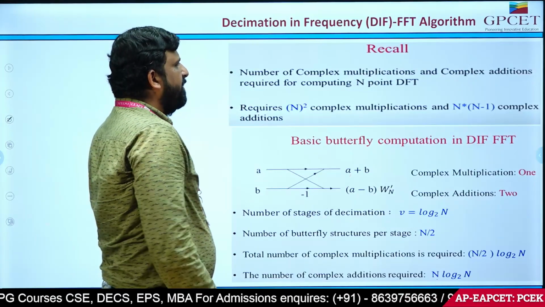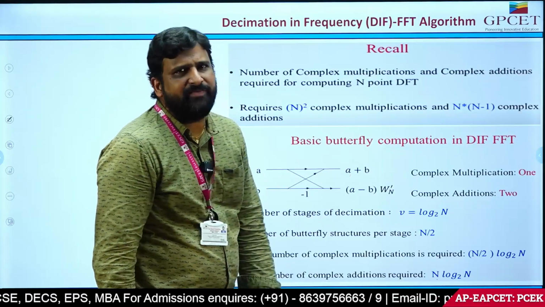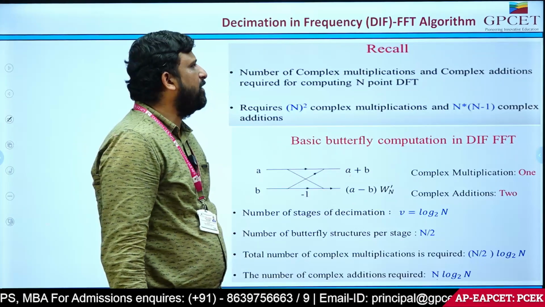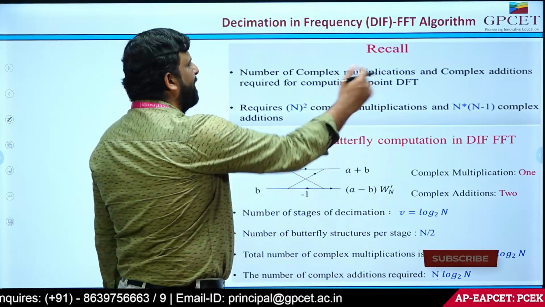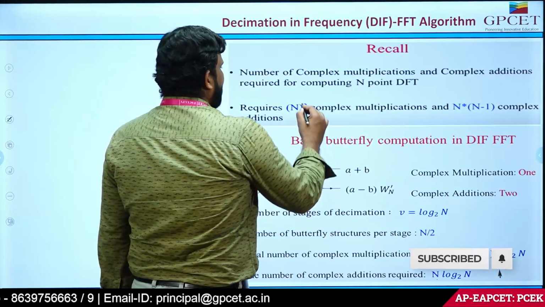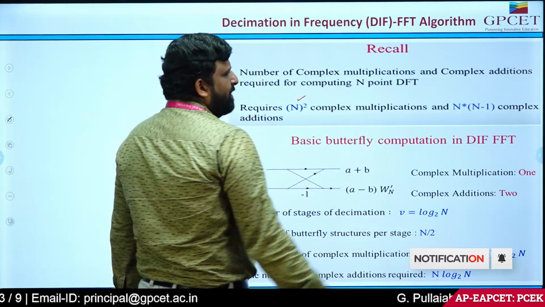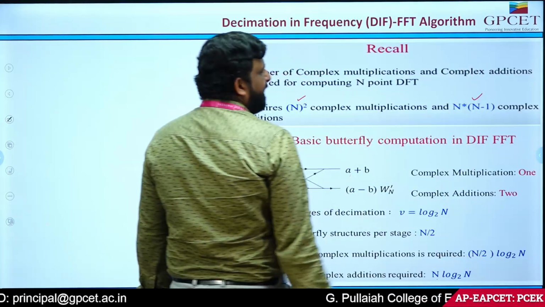And here we need to recall what we have discussed, which is the computation of DFT over FFT. We have seen the number of complex multiplications and complex additions in the DFT: complex multiplications is n square and complex additions is n into n minus 1.